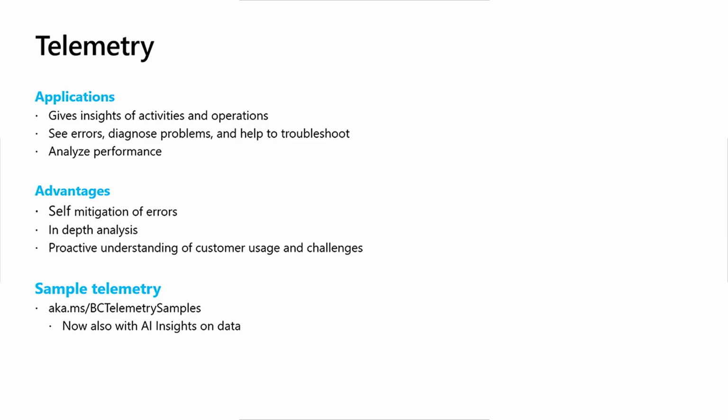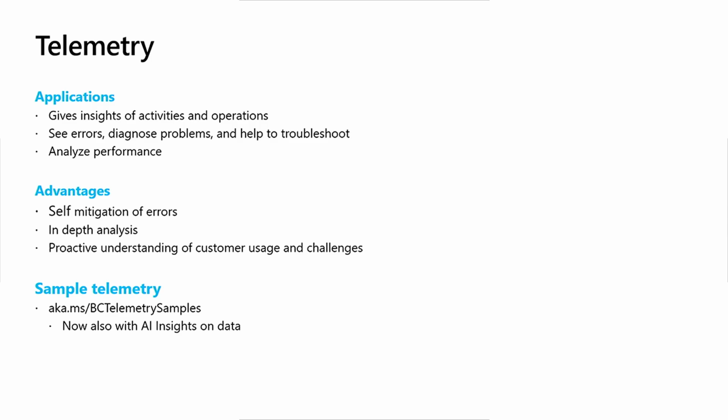You can also analyze the performance of your application, see any database statements or any inefficient AL methods. And you can use this information to self-mitigate these errors, so you can do it for yourself. You can also have an in-depth analysis of the performance and the usage of the different aspects of your application, and have a better understanding of the customer usage and challenges.